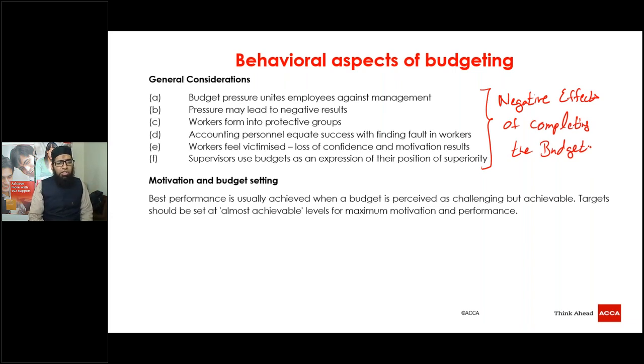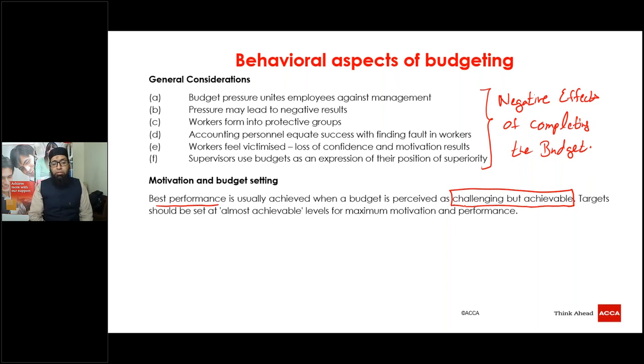Now, what is the relationship between motivation and budget setting? It is important to note that we will find the best performance when a budget is perceived as challenging but achievable. If the budget does not challenge me, it will not motivate me.